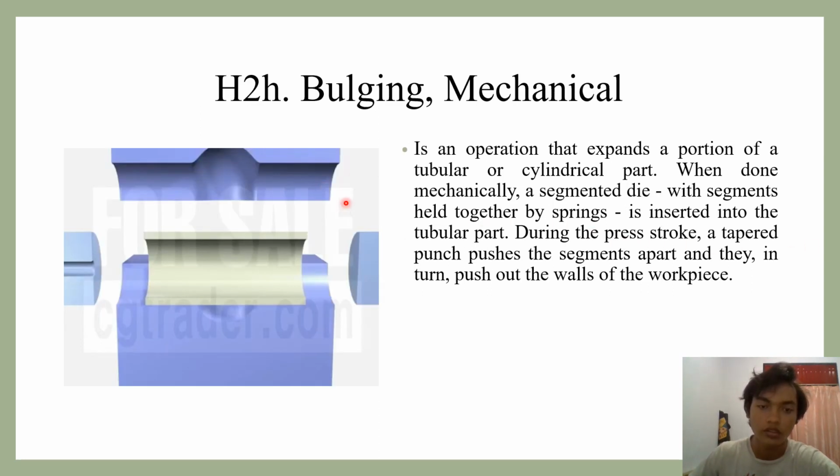Next, H2H, bulging mechanical, is an operation that expands a portion of a tubular or other hollow part when done mechanically. A segmented die with segments held together by a spring is inserted into the tubular part during the press stroke. A tapered punch pushes the segments apart and they in turn push out the walls of the workpiece.